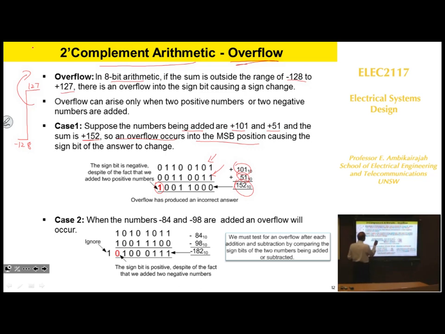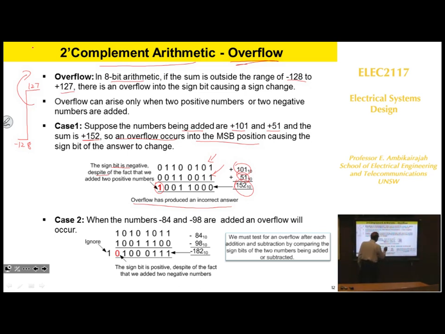So the sign bit is negative despite the fact that you added two positive numbers. Therefore, overflow has produced an incorrect answer. That's how you check: when you add two positive numbers and the result has a 1 in the sign bit, then it's an overflow.